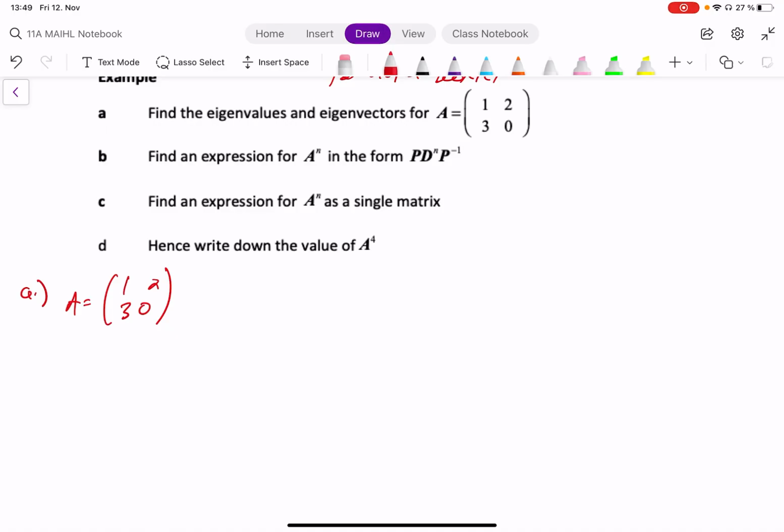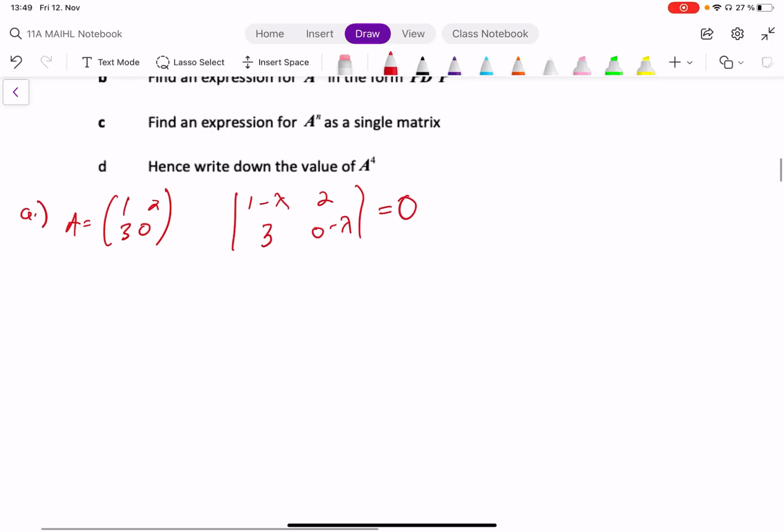I'm forgetting my variables there, my representations of the eigenvalues. So it's 1 minus lambda, 2, 3, and 0 minus lambda. The determinant of that needs to equal 0. And so if I write that out, it's 1 minus lambda times 0 minus lambda minus 2 times 3 equals 0.